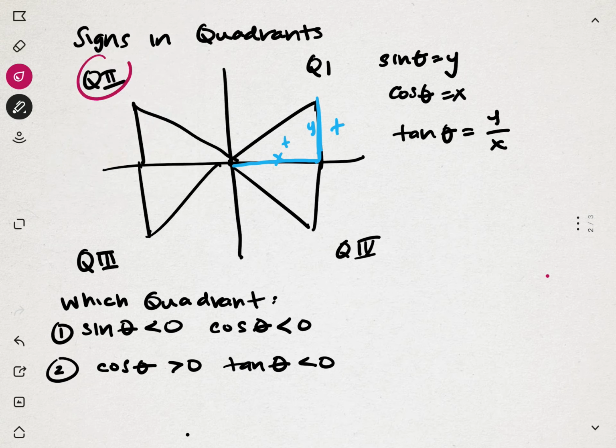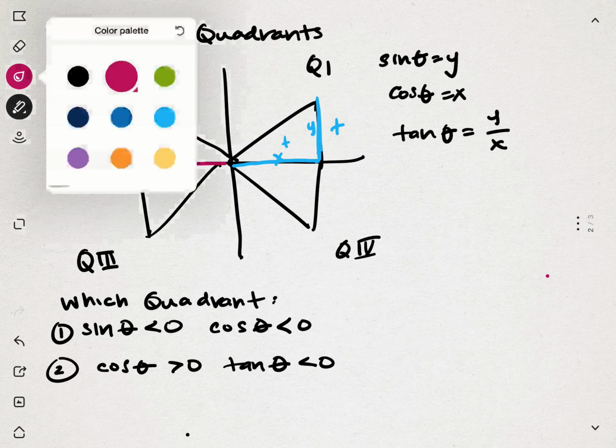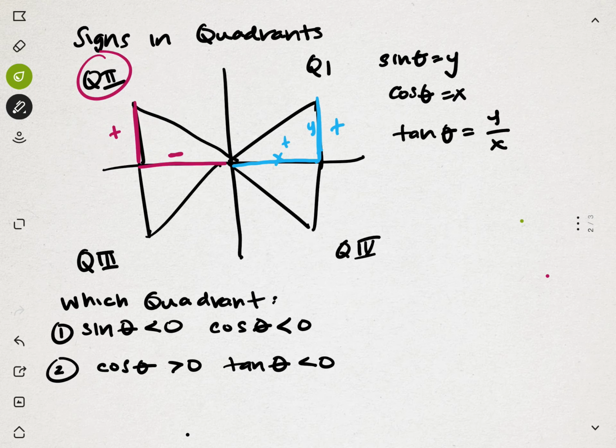Okay, in quadrant 2. Again, this side, the y, the height of this triangle is positive. But this time, the base of it is negative. It's to the left-hand side of the origin. So it's going to be negative there. Okay, quadrant 3. This time, our height is below the x-axis, so that's going to be negative.